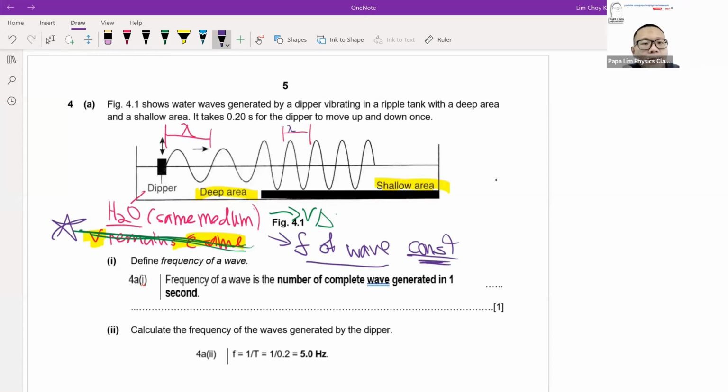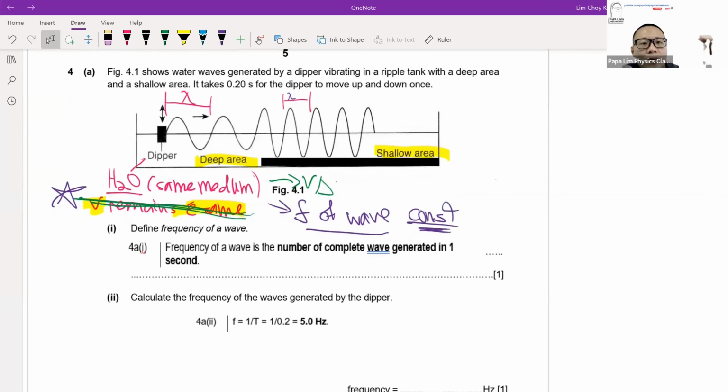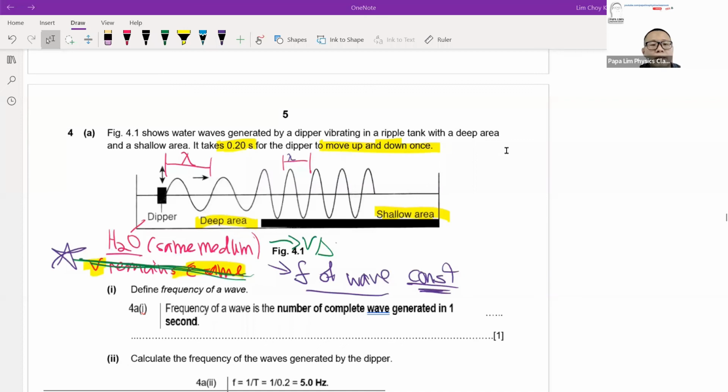Now, it takes 0.2 seconds for the dipper to move up and down once. Up and down once, so this is what it's looking at now. Up and down means from up to down, so there's one cycle here.